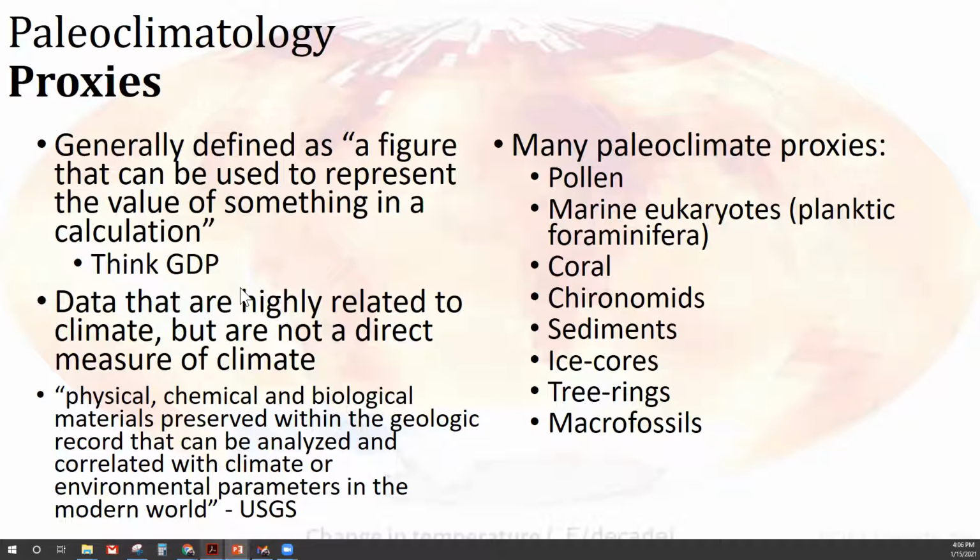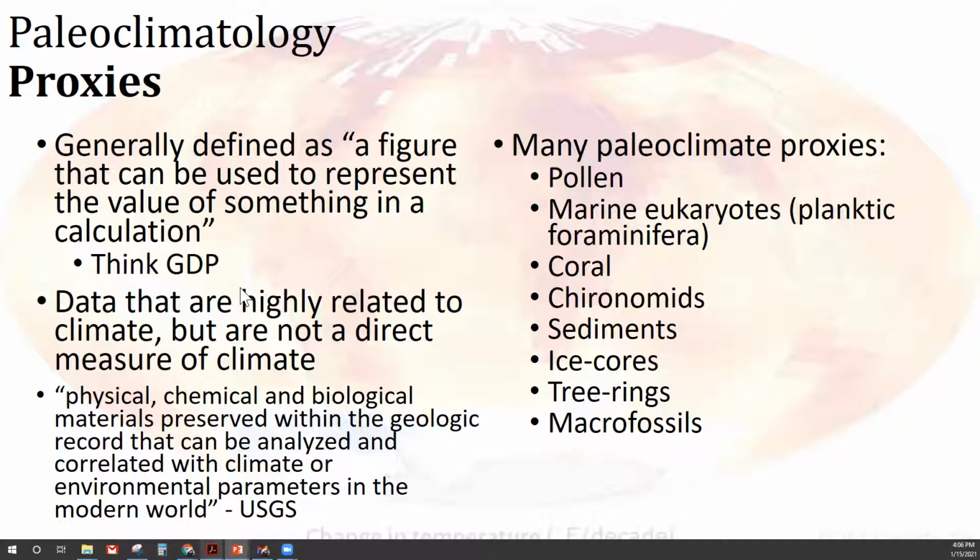So in the context of paleoclimatology, proxies are basically data that are highly related to climate, but are not a direct measure of climate. The USGS goes even further, and they say it's the physical, chemical, and biological materials preserved within the geologic record that can be analyzed or correlated with climate or environmental parameters in the modern world.